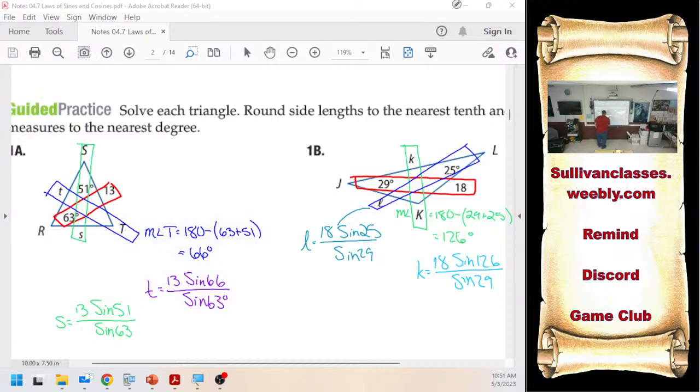Let's make sure that we're all pressing the right buttons and in the right mode. S. What we got? You do have to be in degrees. So what? Okay. T. L. No, do it.